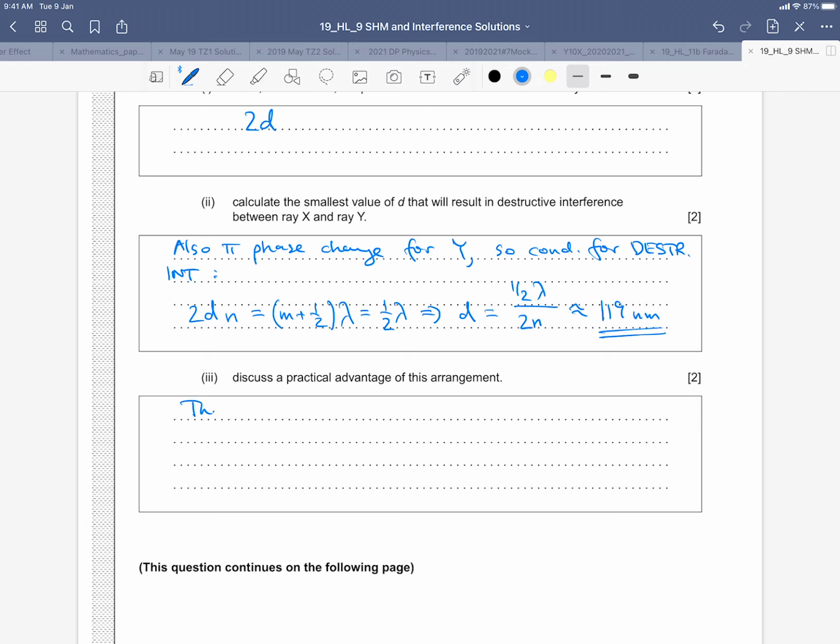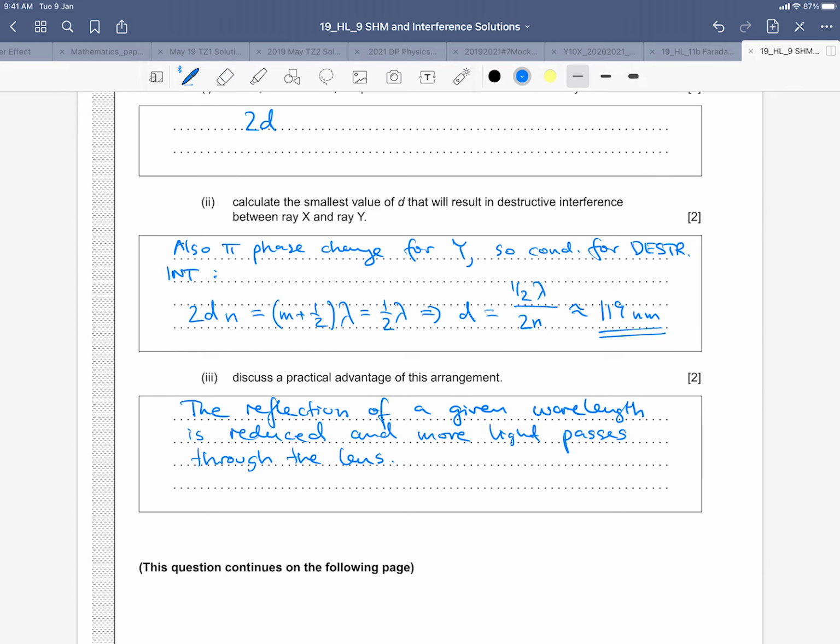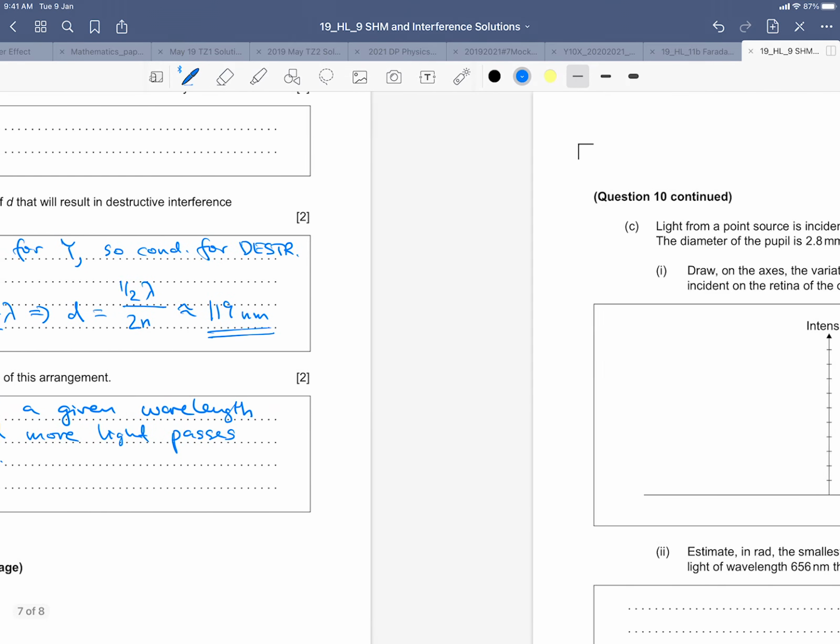So the reflection of a given wavelength is reduced, and more light passes through the lens. We want the camera to collect as much light as possible through the lens. Okay, so there you go.